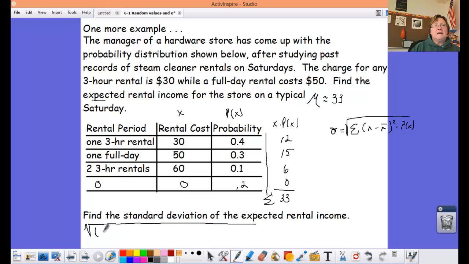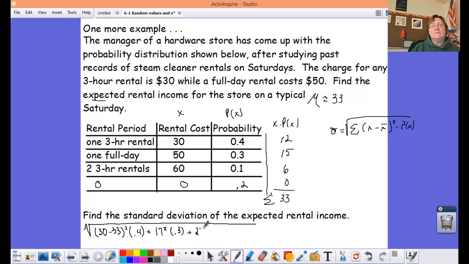It's going to be 30 minus 33 squared times 0.4 plus, because we're summing these up. The next one will be 50 minus 33, and I'm going to just write the 17 here. 17 squared times its probability, 0.3, plus, and now it's the difference between 60 and 33.